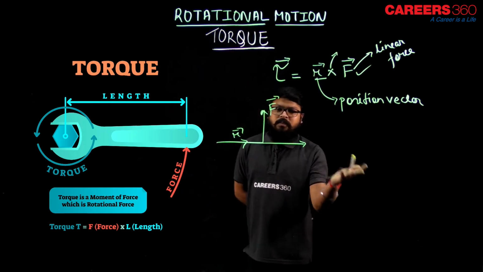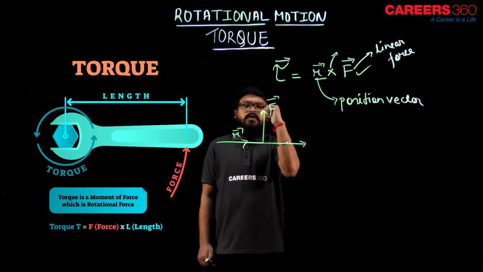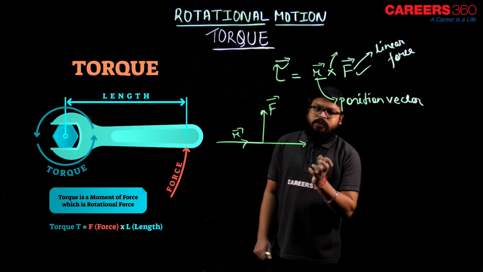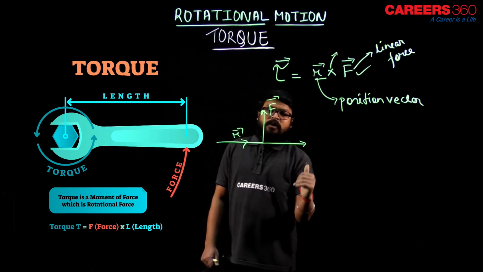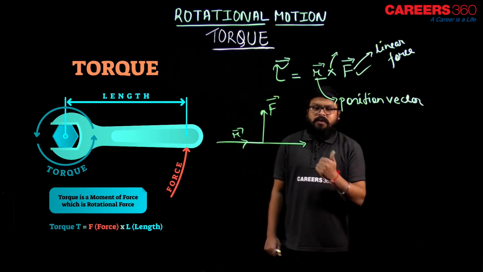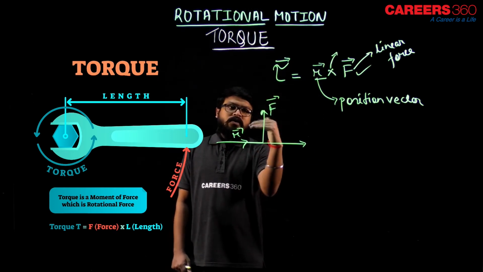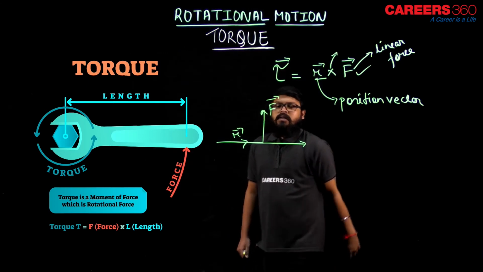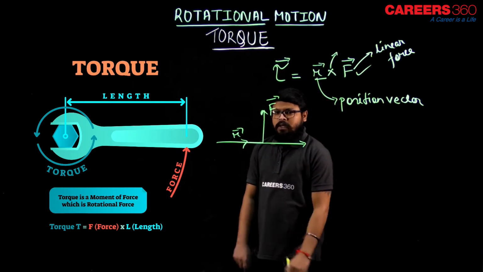The extension is given only to show the direction. So when we go for R cross F, the torque, you have to use the screw rule, which I have already taught you in the previous lecture. When you go for R cross F, the torque direction is out of the plane.